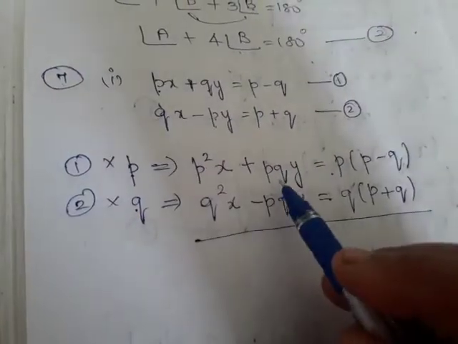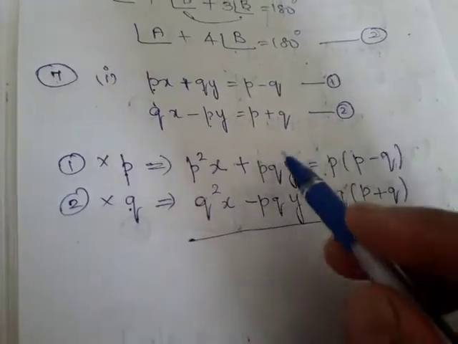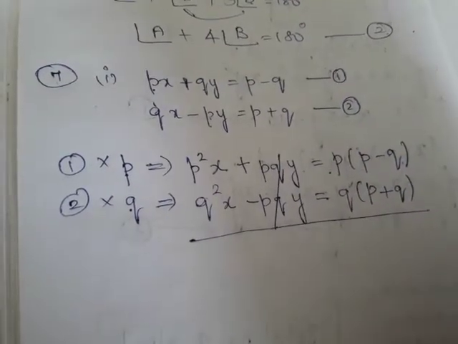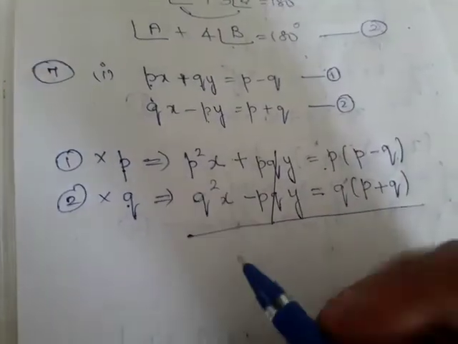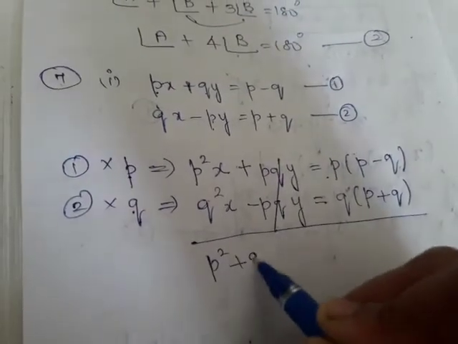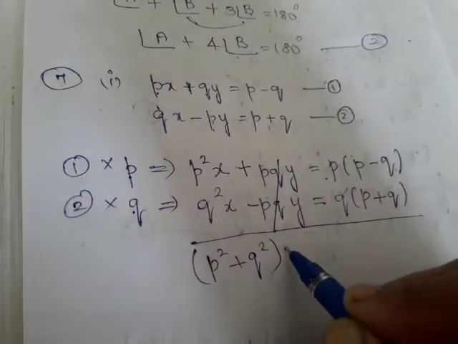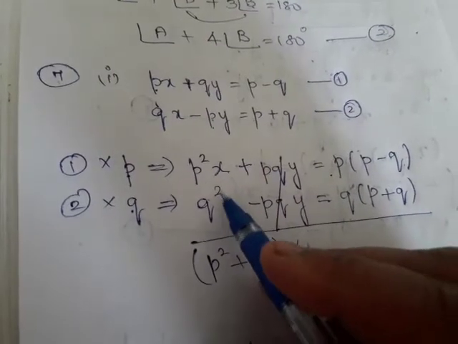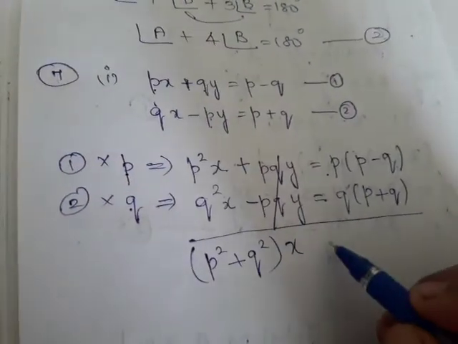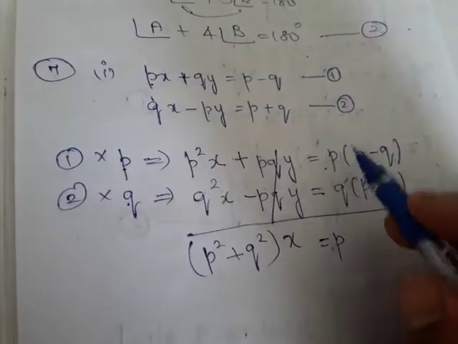Now this is pqy, this is minus pqy, so these two will get cancelled. So we are just adding, right? So this will become p square plus q square into x, which is common.